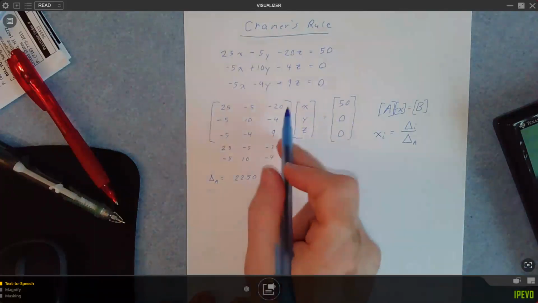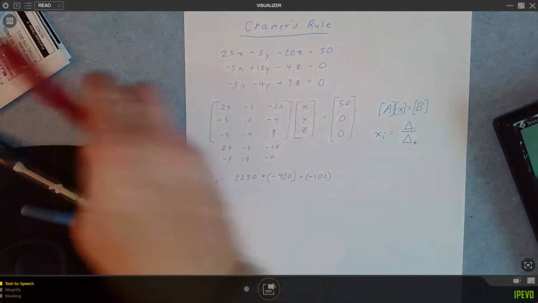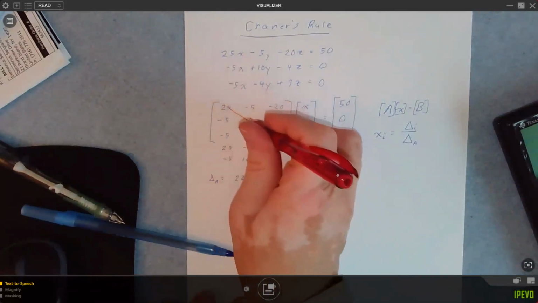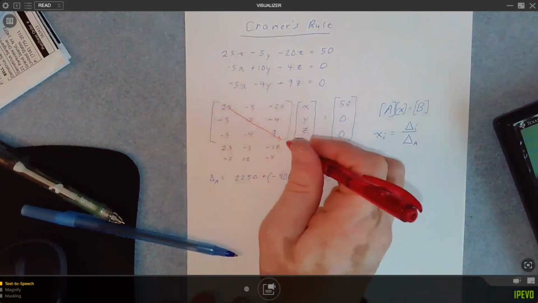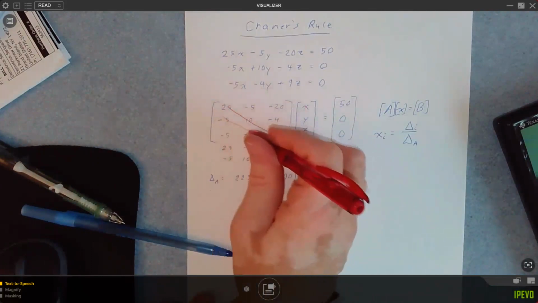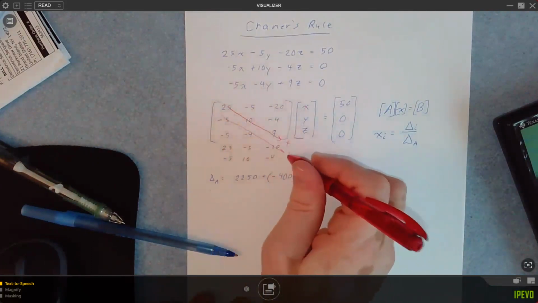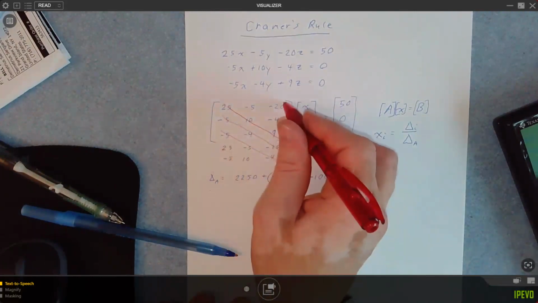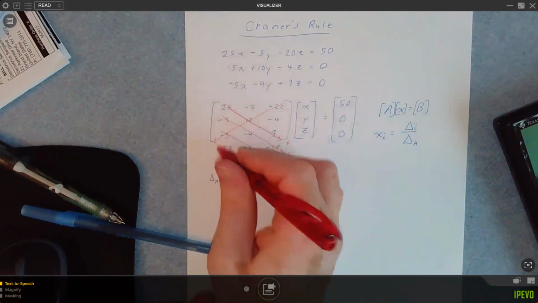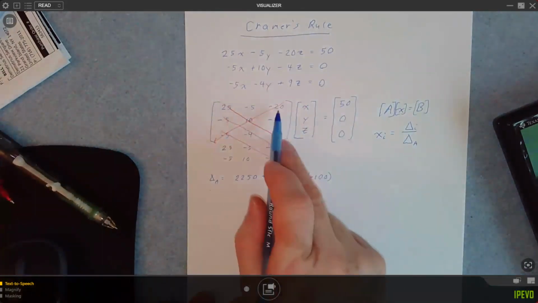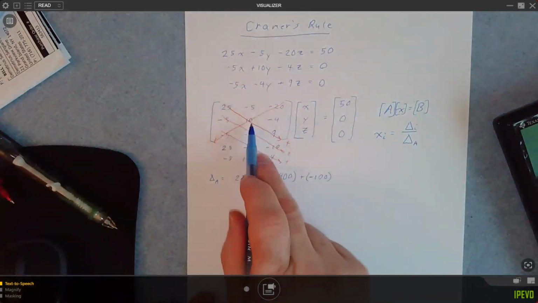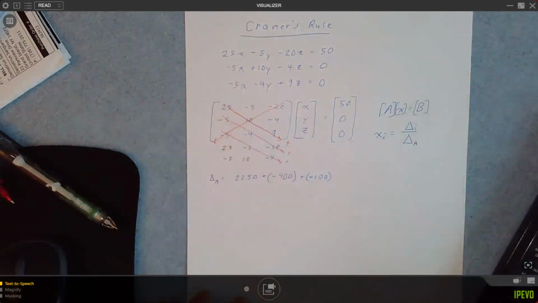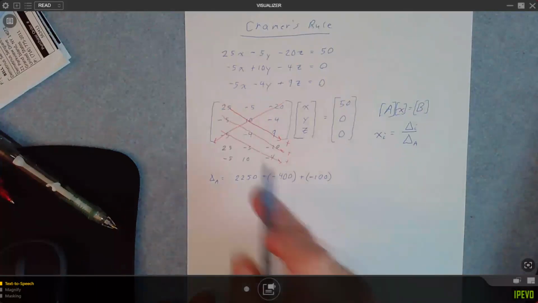Then we're going to subtract off the diagonals in the opposite direction. So basically this way is positive, and then the other way is negative. So let's take minus 20 times 10 times 5, that's 50 times 20, right? We're going to get 1,000, but we're going to get a negative.